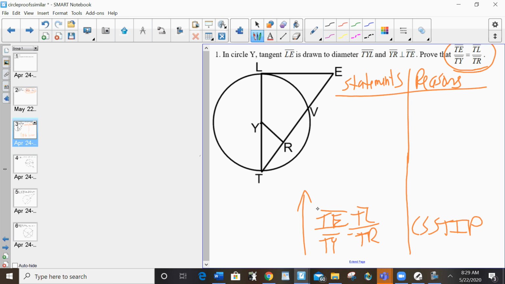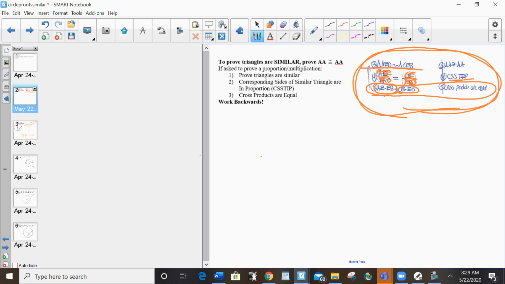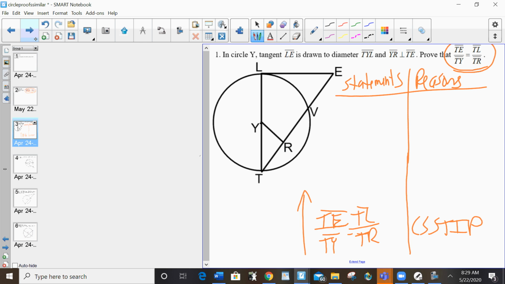What comes before the proportion? The similar triangles. So is it obvious which triangles I'm proving similar here? It is to me, but in case it's not, if you remember, we can look at the letters, look vertically and look horizontally. TE, TL, TEL. TEL is a triangle, so that's going to be one of them.